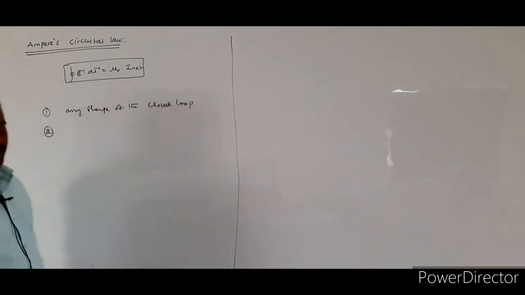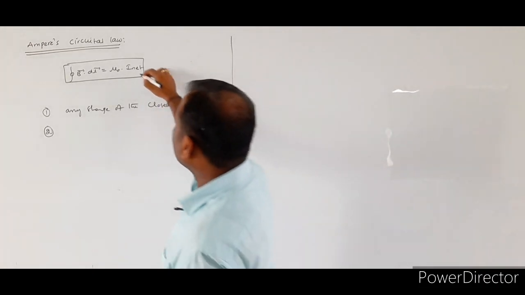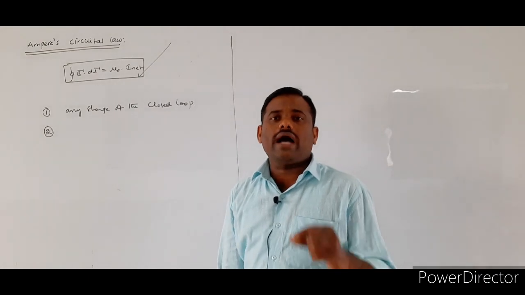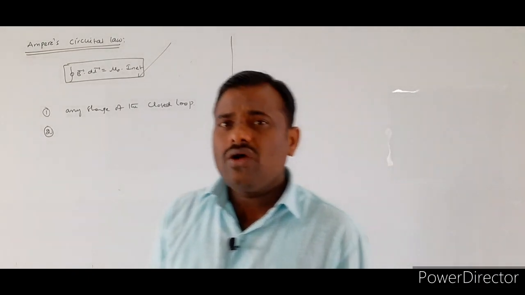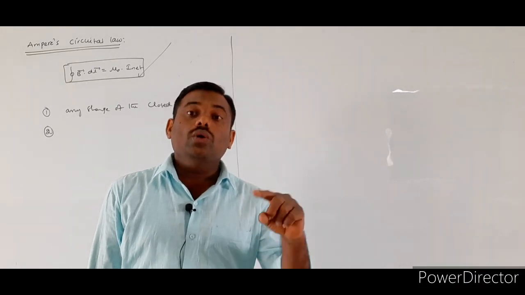The second point: while applying Ampere's circuital law, you wrote the integral of B bar dot dl bar is equal to mu naught into I net. What is the I net? The net current passing through the closed loop.